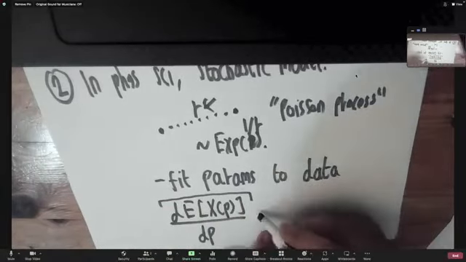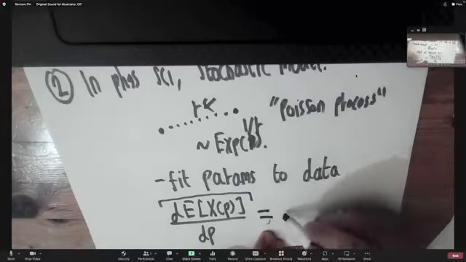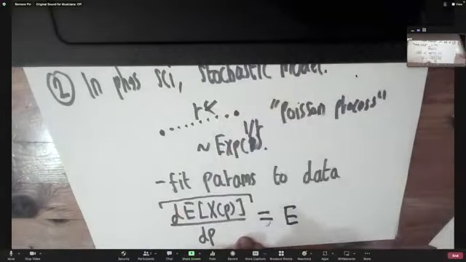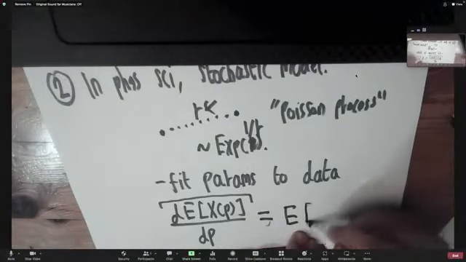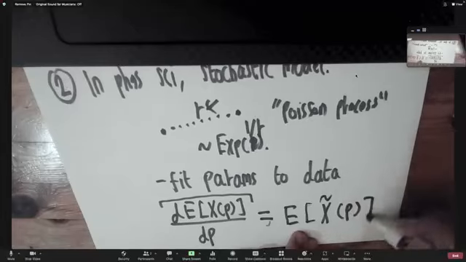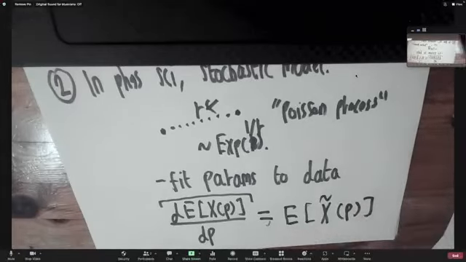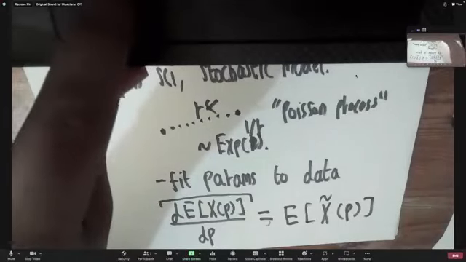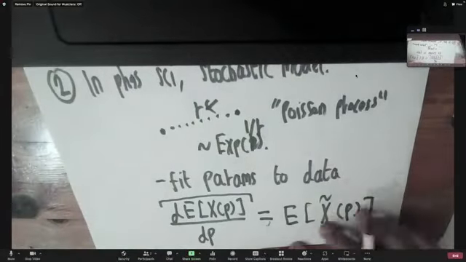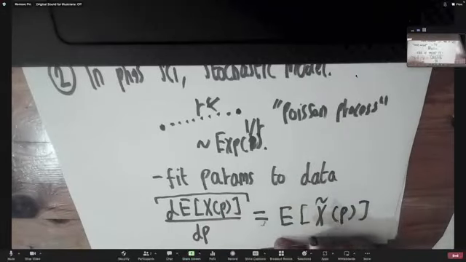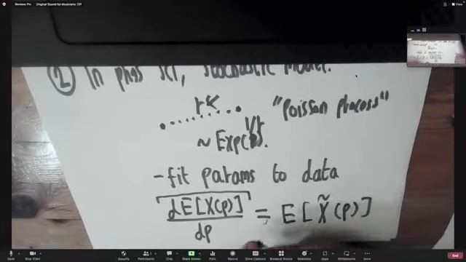So a more reasonable goal might be, and this is sort of getting to automatic differentiation, you're given a program x of p, and your goal is to produce a new program, which I'll call x tilde of p, which averages to the derivative of the average of your original program, which is a bit of a mouthful. So in machine learning, this is often called a gradient estimator, what you're trying to find.